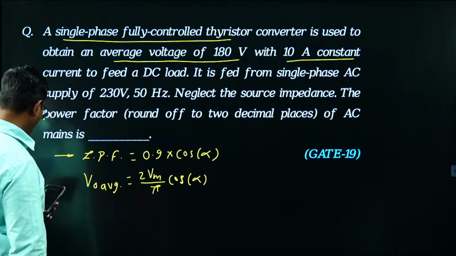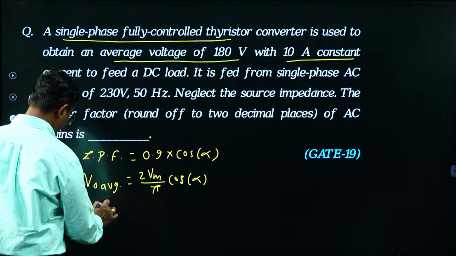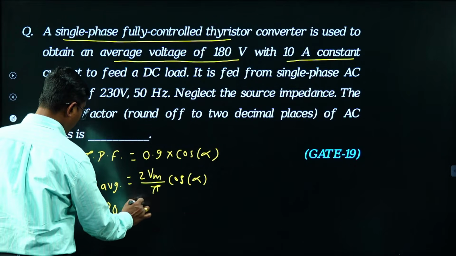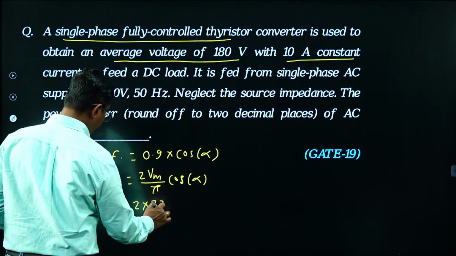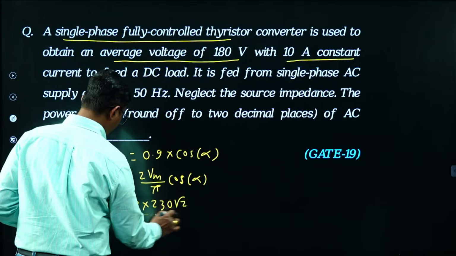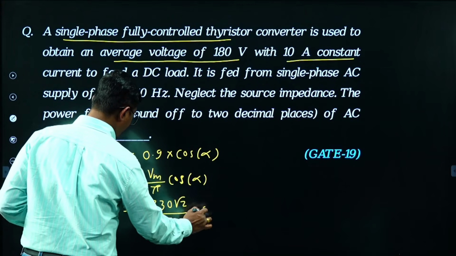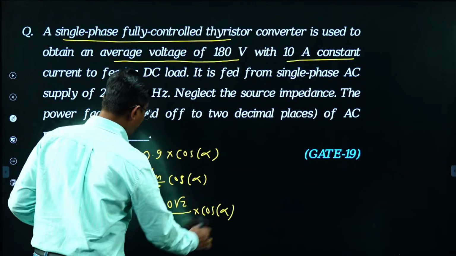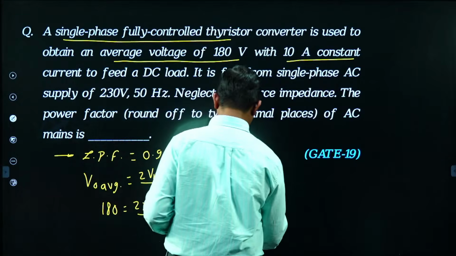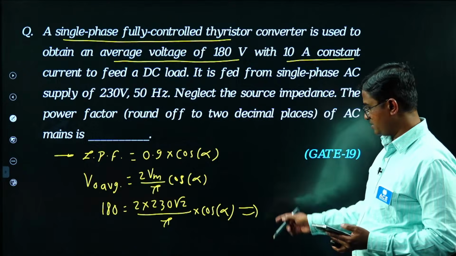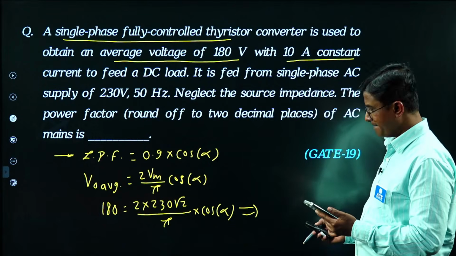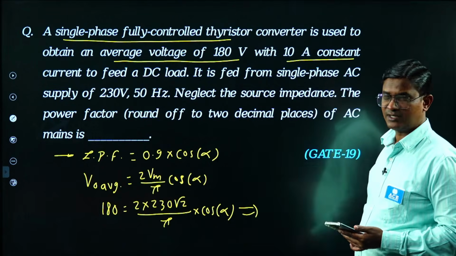So here V0 average is 180, equal to 2 into Vm, peak value of supply 230 root 2, upon pi into cos alpha. From this you will get cos alpha. Put that cos alpha directly, you will get input power factor. Alright? A simple expression based question, that's it.